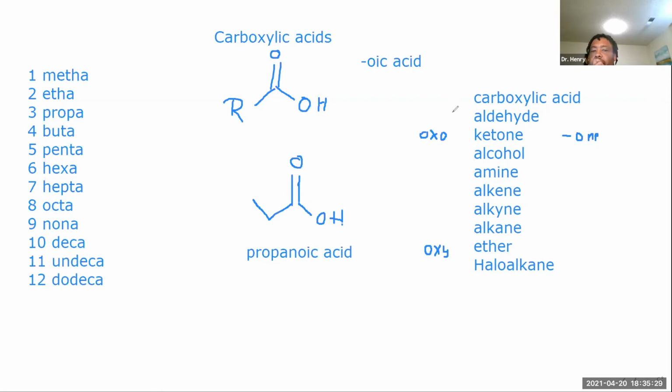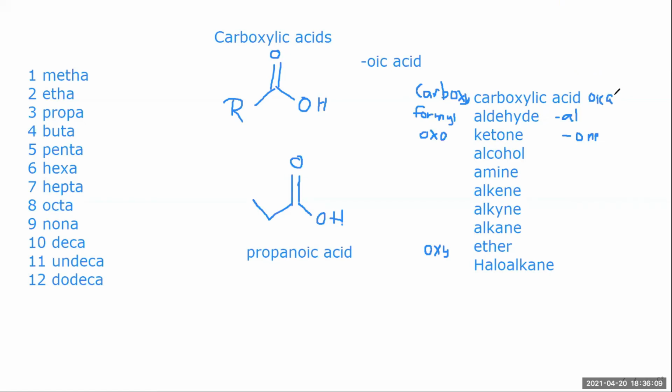The aldehydes, the prefix is formyl, and then the suffix is al. And then for carboxylic acids, it's carboxy, and then it's oic acid. Oic acid is a suffix.